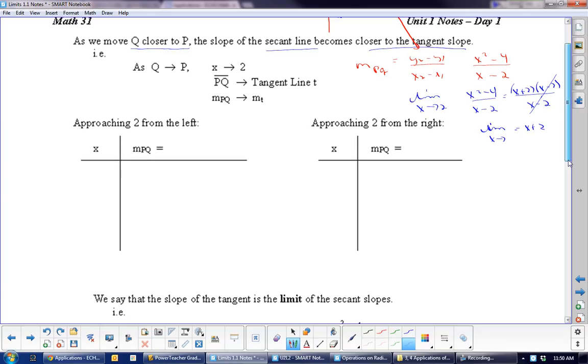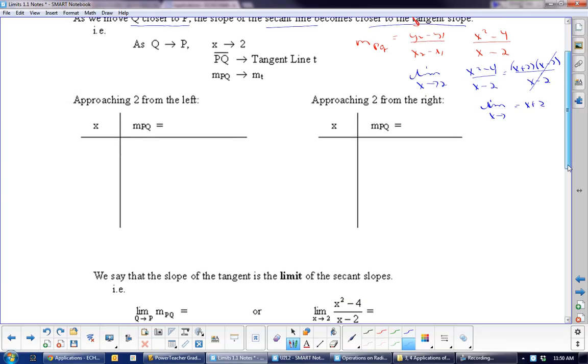So I want to just talk about left and right. Now when we're talking about approaching 2, you approach 2 from the left and 2 from the right. So we're going to approach 2 from the left. Now we're doing x plus 2.